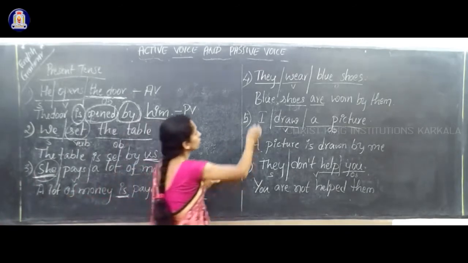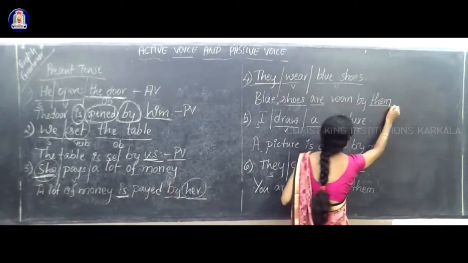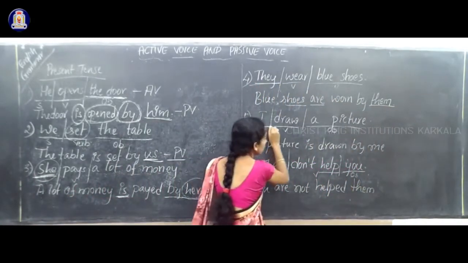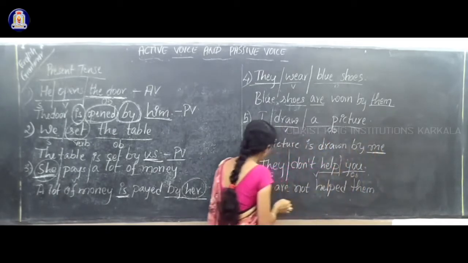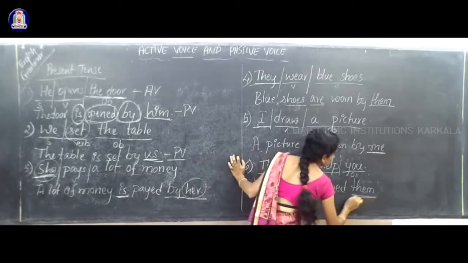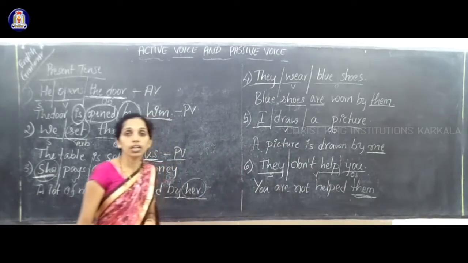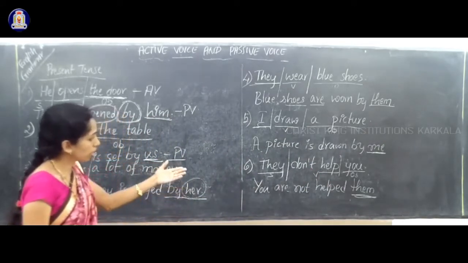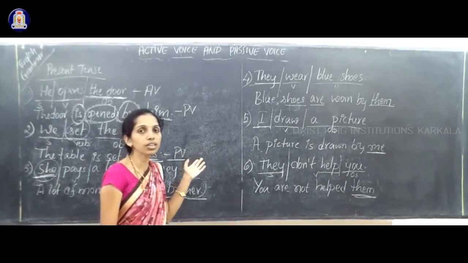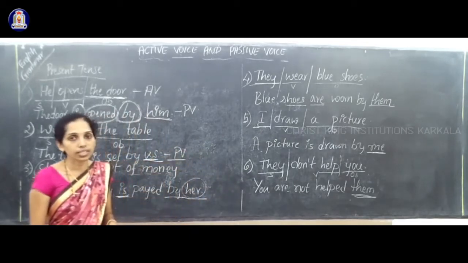Okay. And here they became them, and I became me here, and they became them here. Okay, so these are the changes we have to do while changing the active voice into passive voice.